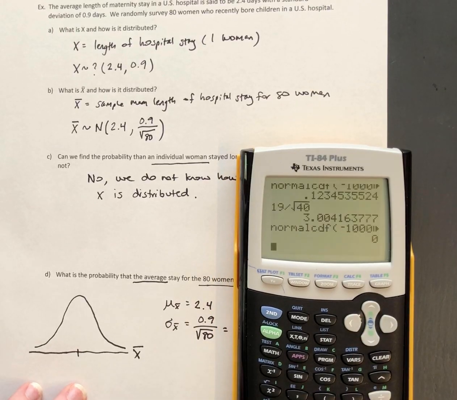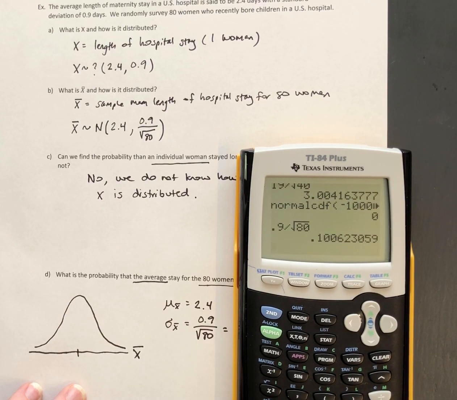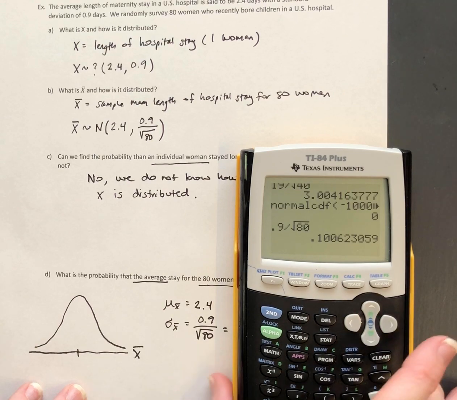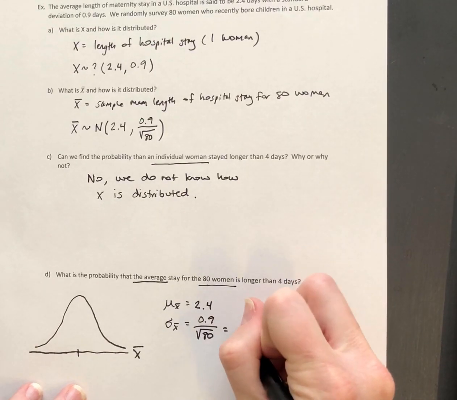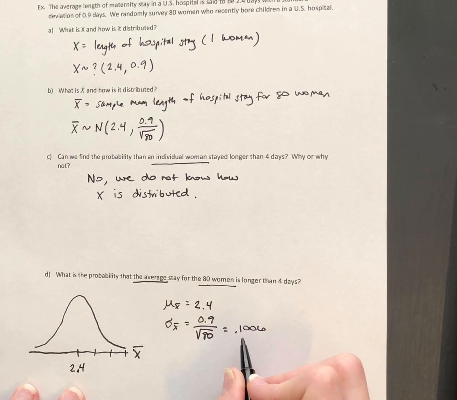And so 0.9 divided by the square root of 80 is 0.1006. So we know that X bar is still centered here at 2.4, but if we were labeling out to 3 standard deviations, we would only be going by increments of about 1/10.